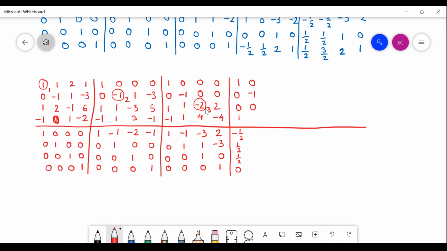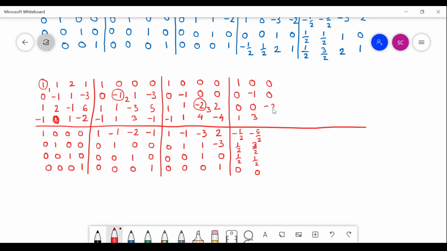For making this 0, you are multiplying with half and then adding the same thing. So this is 3. This one is becoming minus 5 by 2. This one is half, this half. Sorry, this is 3 by 2, 3 by 2.